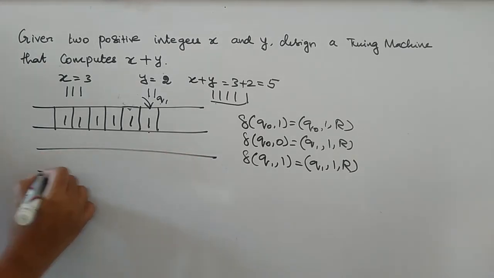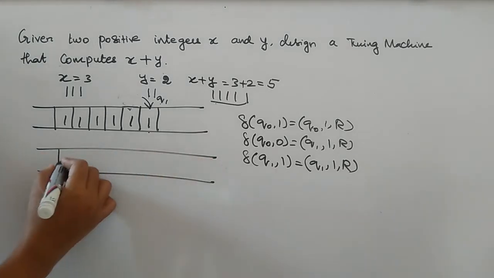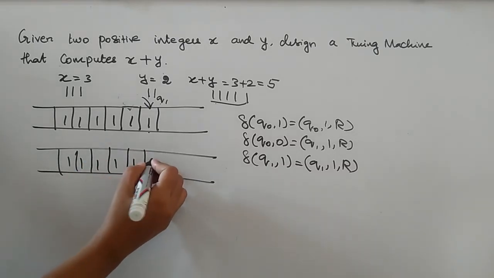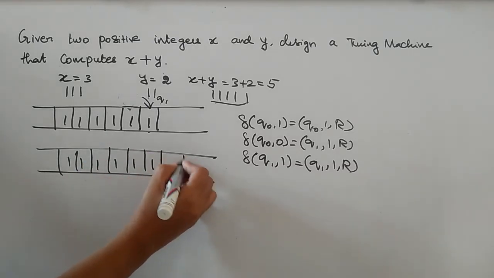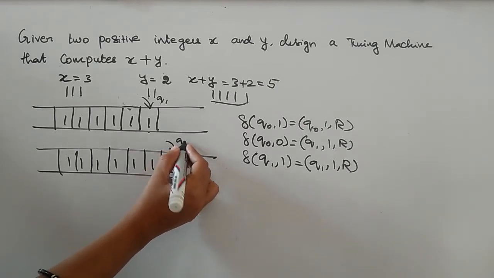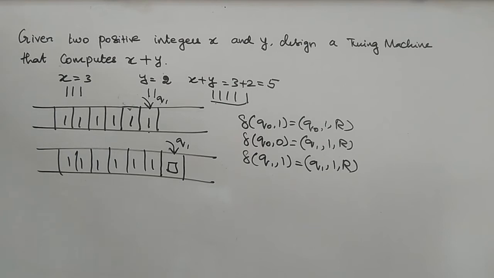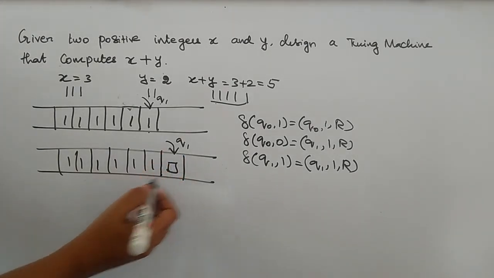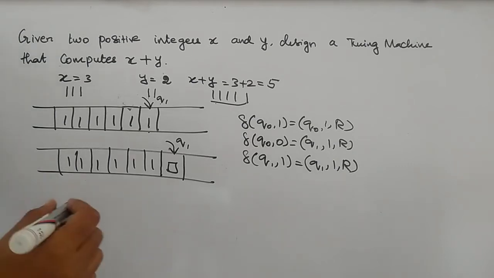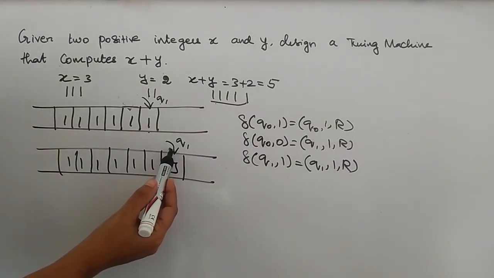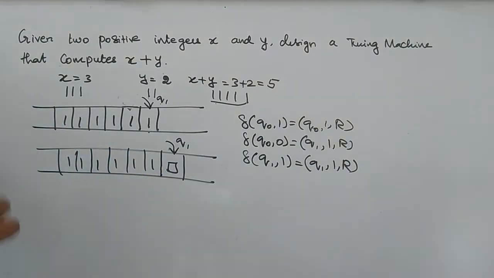So what will happen here is, as per this transition, the read write head will be moved towards the right, which means now it's pointing to the blank symbol. If the read write head is pointing to the blank symbol, we should shift the read write head towards the left.